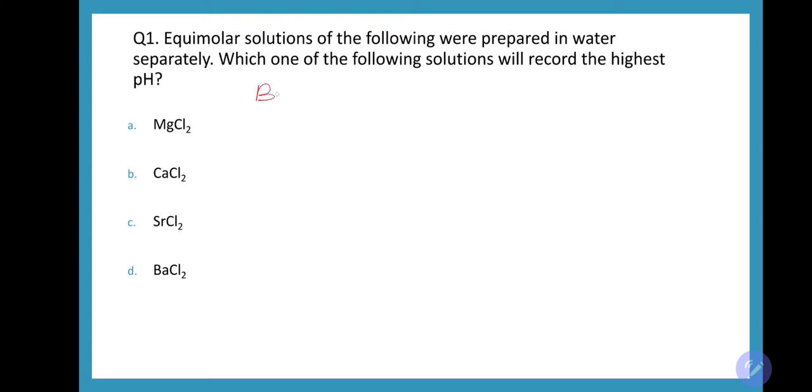For example, first beryllium will form beryllium hydroxide. This beryllium hydroxide is basically amphoteric in nature.